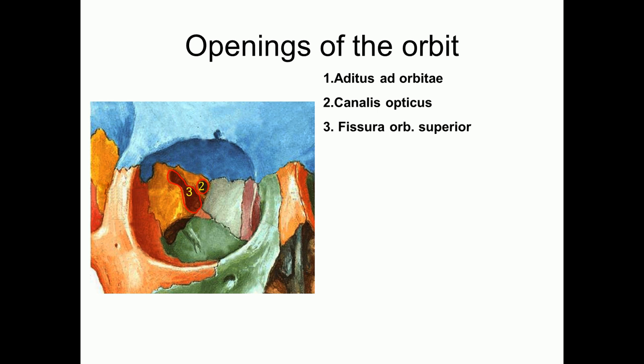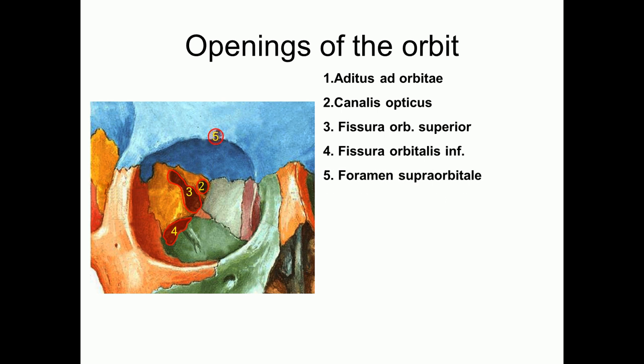So it divides these two wings of the sphenoid bone. Then number 4, fissura orbitalis inferior.